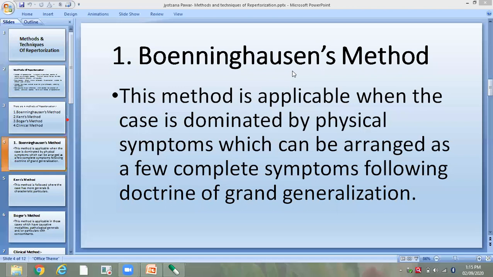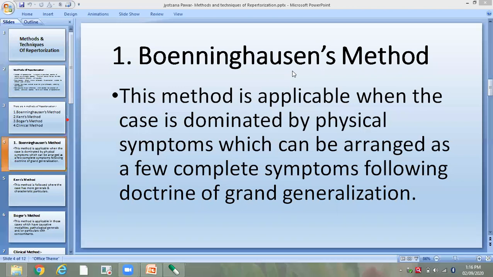This is nothing but the doctrine of grand generalization, also called the doctrine of analogy, which we discussed under the philosophical background of Boenninghausen's therapeutic pocket book. This is a very important doctrine which Dr. Hahnemann first introduced to homeopathy.